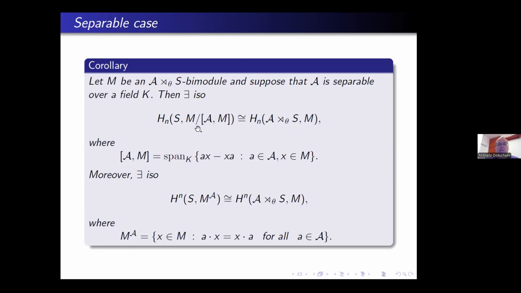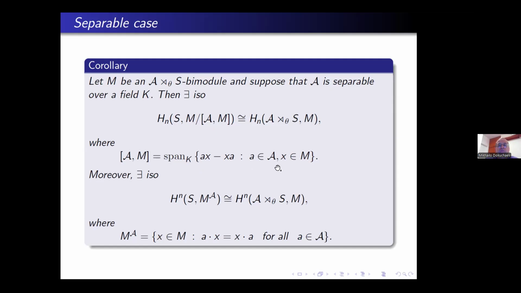Maybe we should call it coinvariants, right? Then one can show, and it's quite well known, that this is the zero homology, but in our case we also need an isomorphism of KS-modules, and it also works. So the coinvariants are just the quotient by the linear span of ax minus xa, right?